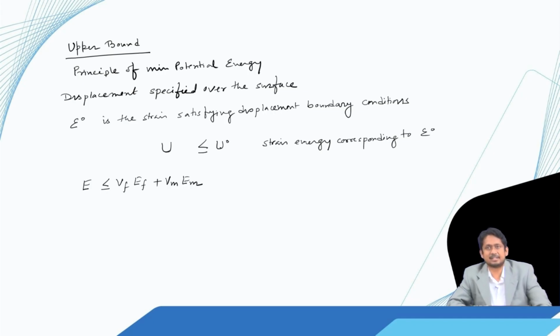Again, as I said, this was originally developed for alloys which are isotropic in macro scale, but this principle can be extended for finding out the corresponding quantities in anisotropic composites as well.